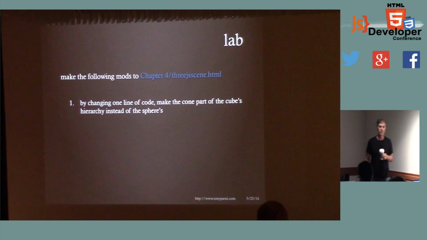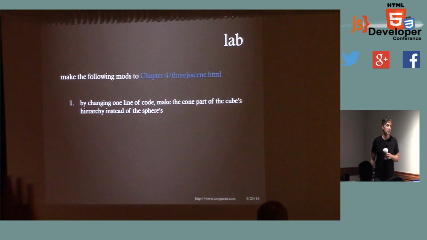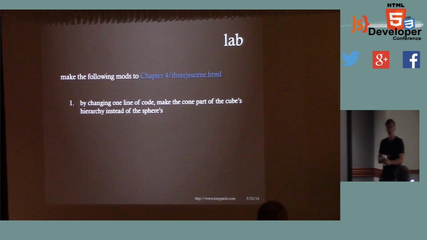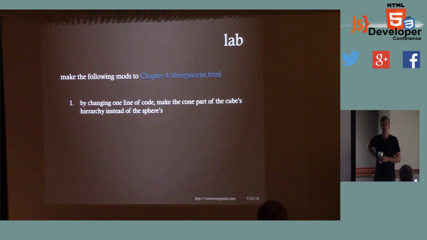And again, this should be somewhat familiar. This is just like DOM hierarchy stuff in its concept, though in details it's different. Yes, sir? Can you integrate physics into the scene graph? You can integrate physics into the scene graph via external JavaScript libraries, and there's several of them. You can use 2D physics on your 3D scene using Box2D, a very popular library that they've got a JavaScript port of.